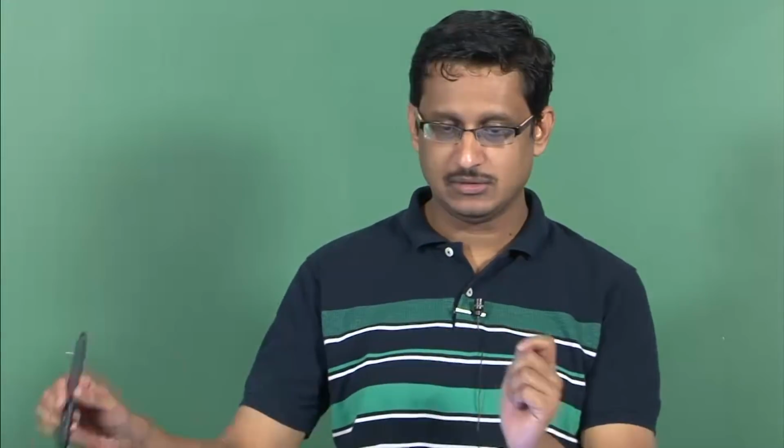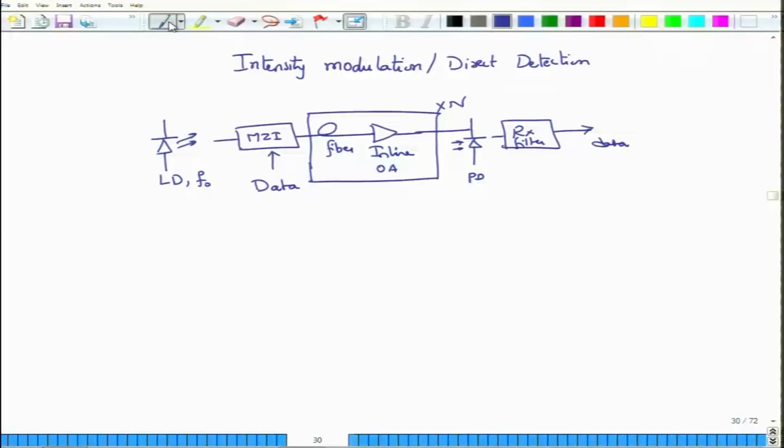So, this is a system schematic diagram of a single channel, single polarization optical communication system that employs intensity modulation and direct detection. You can see that we start off with a laser diode which provides us with a carrier, and if you remember, the way we have written the carrier is square root of PS e power j omega 0 t, where omega 0 is 2 pi f naught, the carrier frequency of the laser diode.